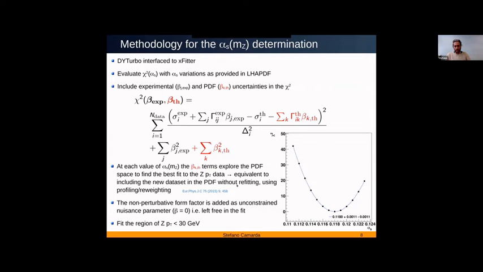Technically, the non-perturbative form factor is added as an unconstrained nuisance parameter, so we set beta equal to 0 in the penalty. So it's basically an effective way of getting the non-perturbative form factor to be free in the fit. And as I already mentioned, the fit region would be ZPT less than 30 GeV.